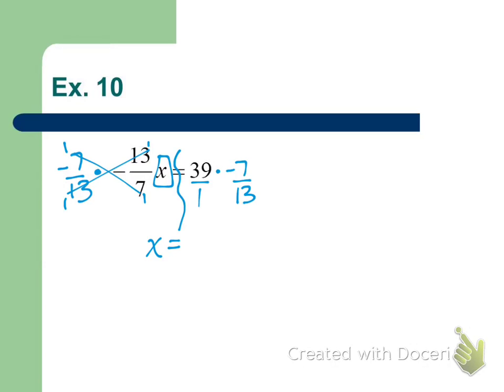On the right, if you want, you can reduce before you multiply, or you can multiply and then reduce. Does anybody see what can reduce now as opposed to reducing later? May?